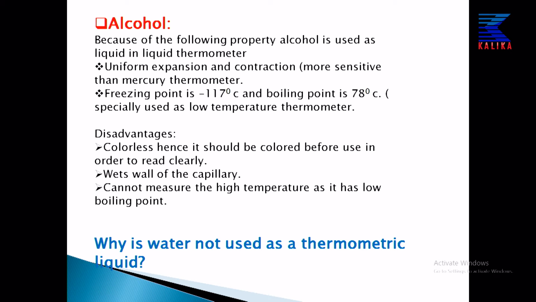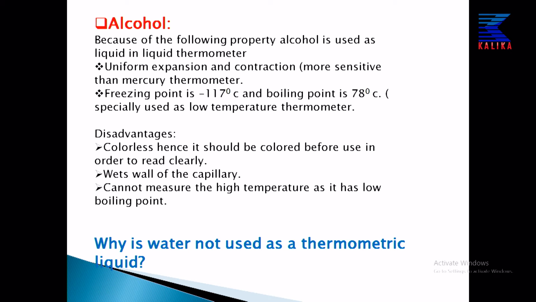Similarly, its specific heat capacity is very high: 4200 joule per kg per degree Celsius. That means a large amount of heat energy is required to either contract or expand the water through 1 degree Celsius. So, it is not used as a thermometric liquid.